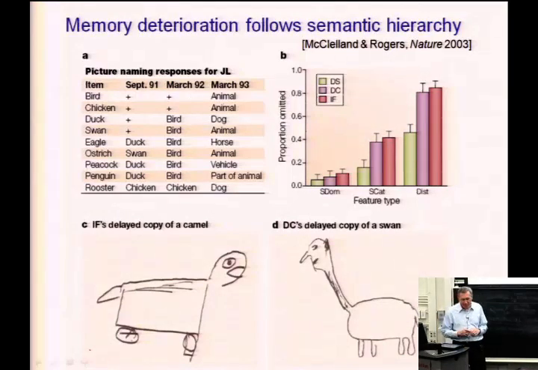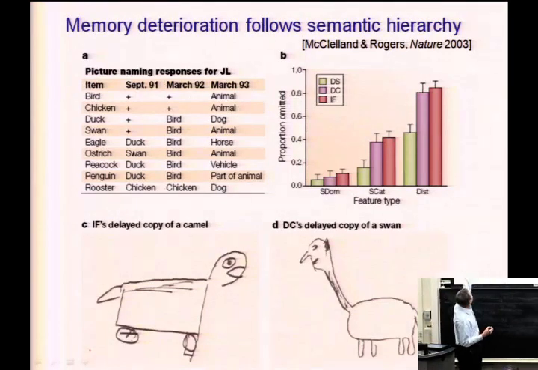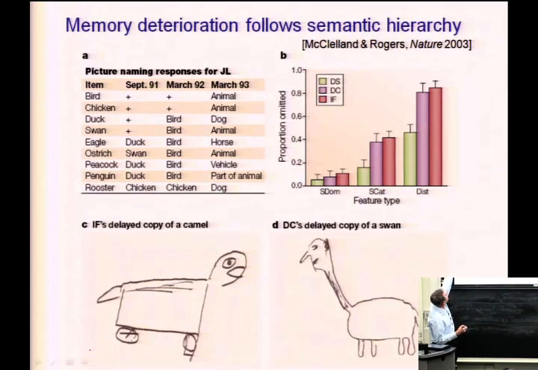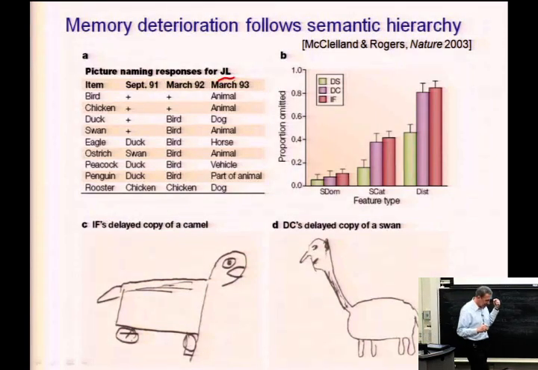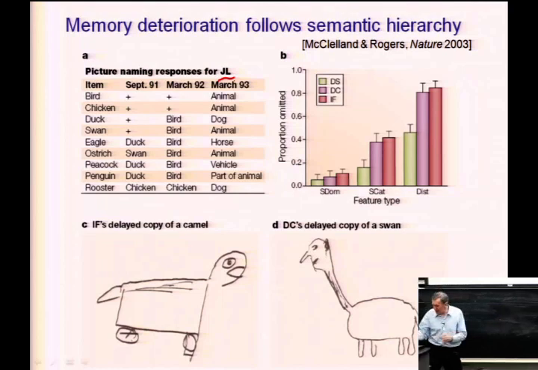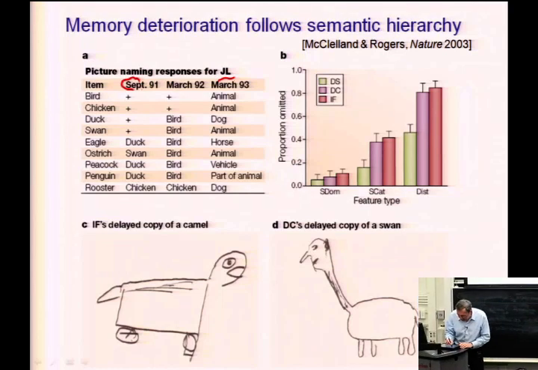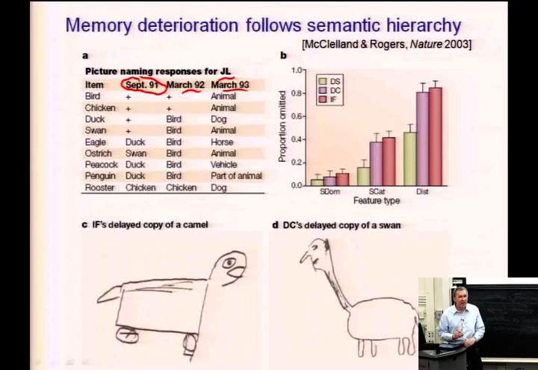Actually, here's one bit of evidence they give. A particular person named J.L., who had semantic dementia. Here you can see, at 3 different periods of time spread out over a couple of years, their ability to name the objects that are in photographs.